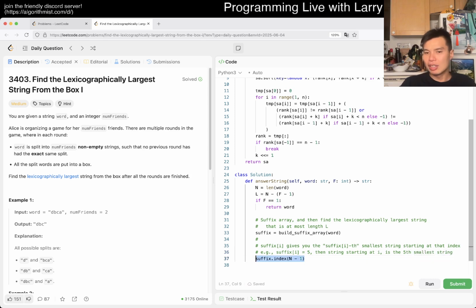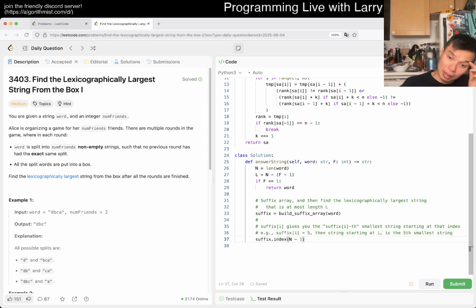So that means that here, like I said, because we have n characters, we want n minus 1 to be the lexicographically largest. And then the only thing that we have to do is just reconstruct the string, right? So we have s is equal to this, and let's just say start index maybe, right?